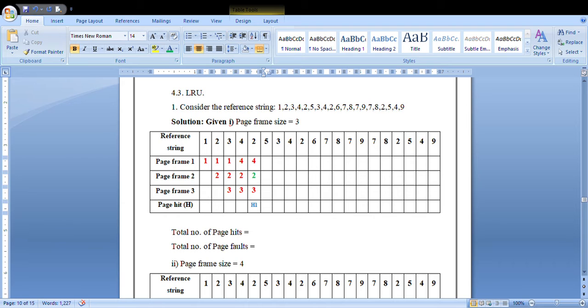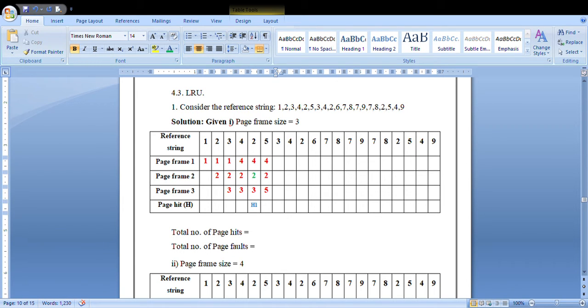Next is 5. 5 is not in the page frame, so you need to replace the oldest one. Here 4 is repeated 2 times, but 1 exists only 1 time, and 3 is repeated 3 times, so the oldest page is 3. You replace page 3 by 5 and keep the other values as they are.